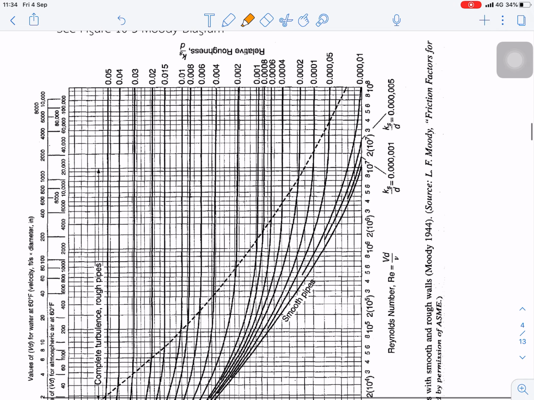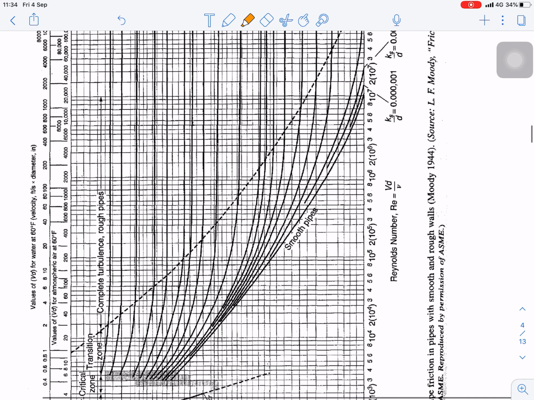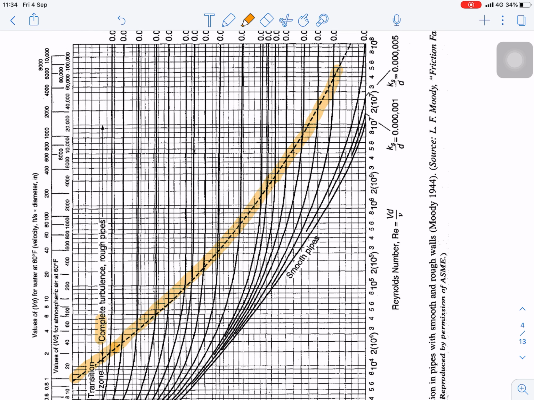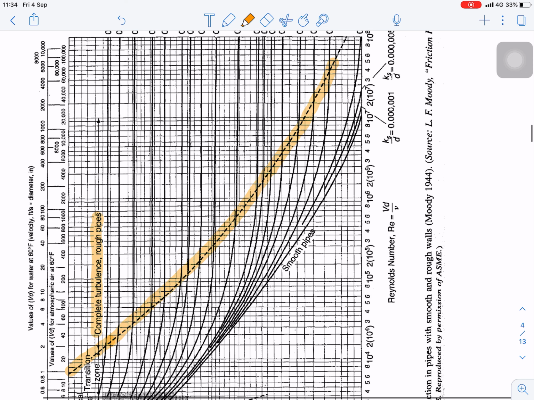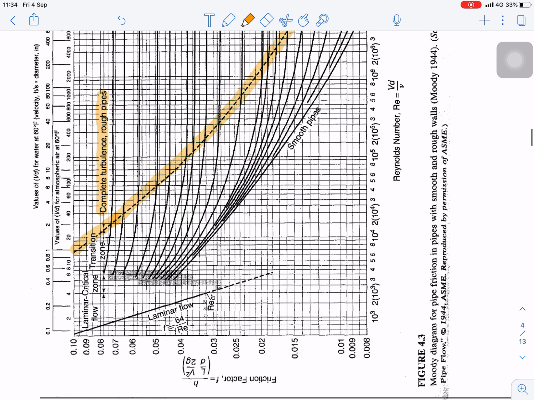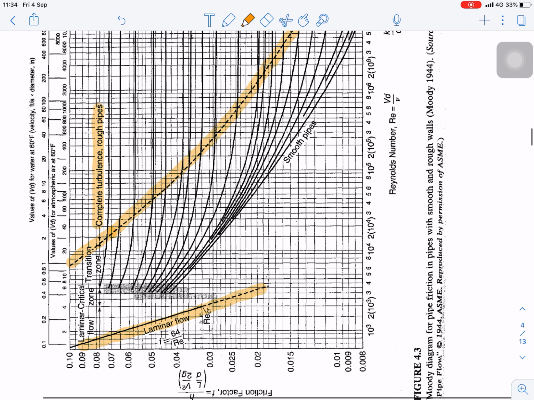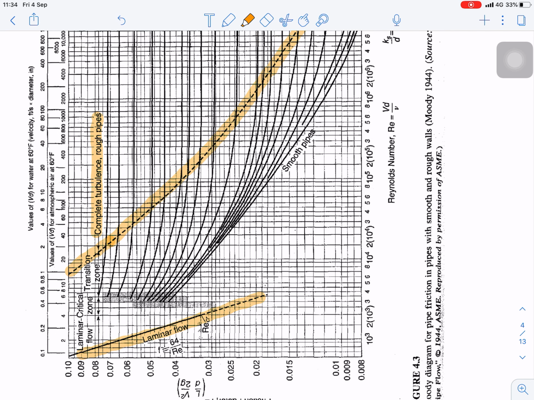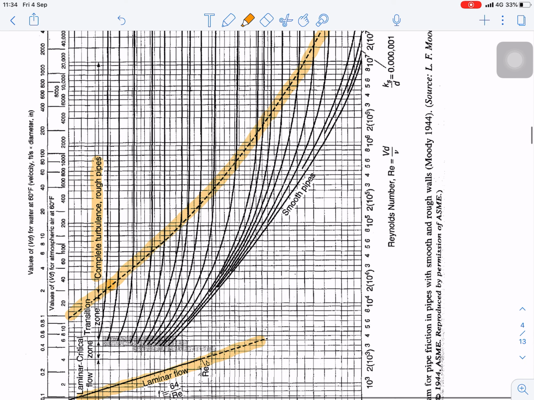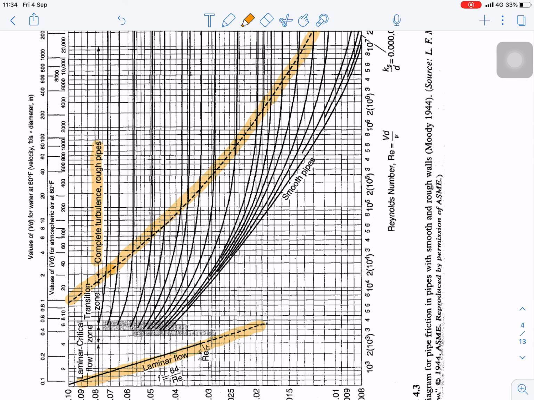Okay, so this is the dividing zone. This part is the complete turbulence, so it means that the line is a horizontal line, and this zone is the laminar zone. And in between these two zones, we call the transition zone.